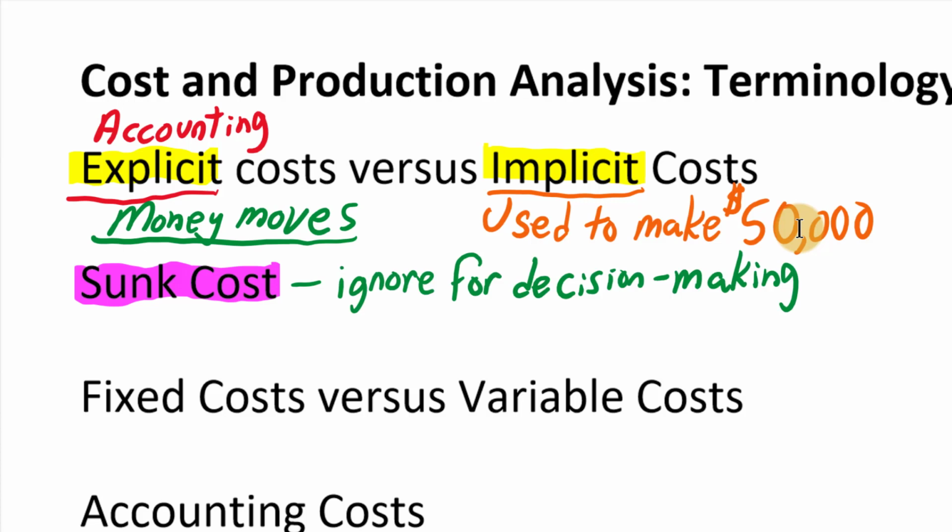Let me give you a quick personal example about a sunk cost. A few years ago, my wife and I were going out to dinner with some friends every month or so just to get together, and there was an opera coming to town. And my wife and I had never been to an opera before, and we think about ourselves as being cultured people. And we said, hey, how about we get tickets to the opera?